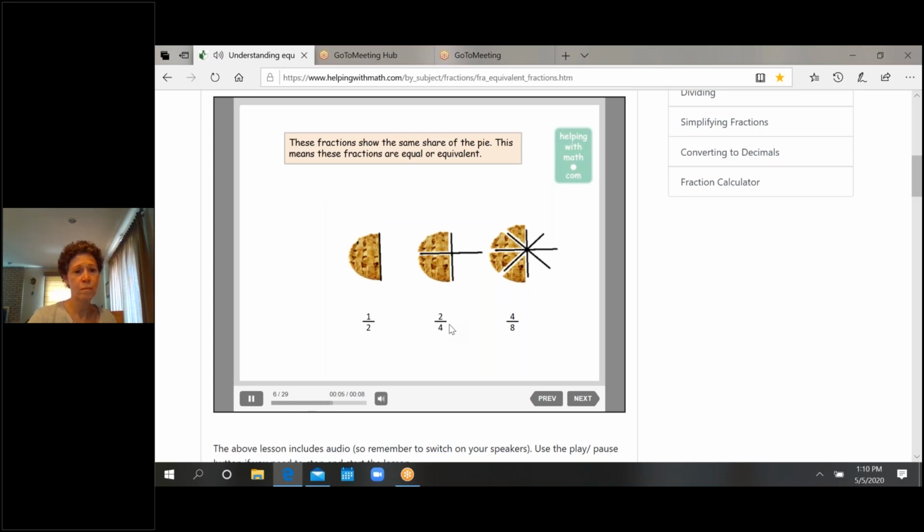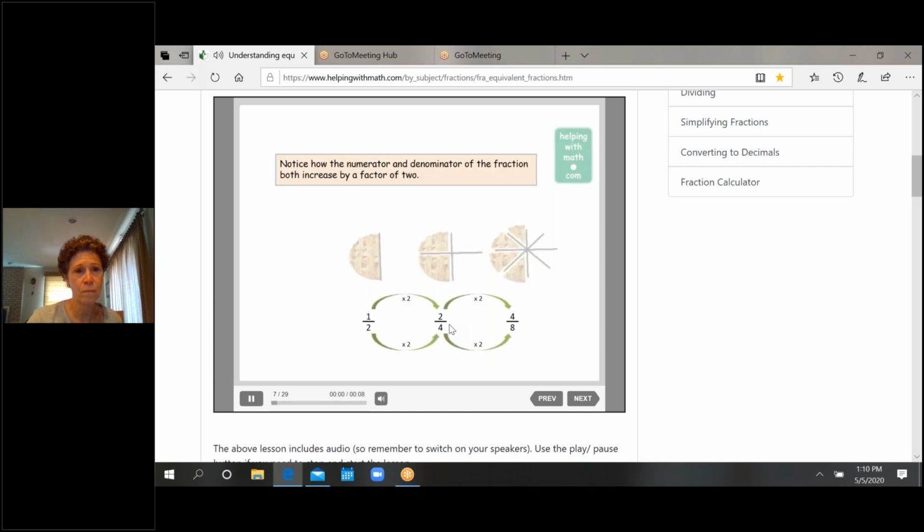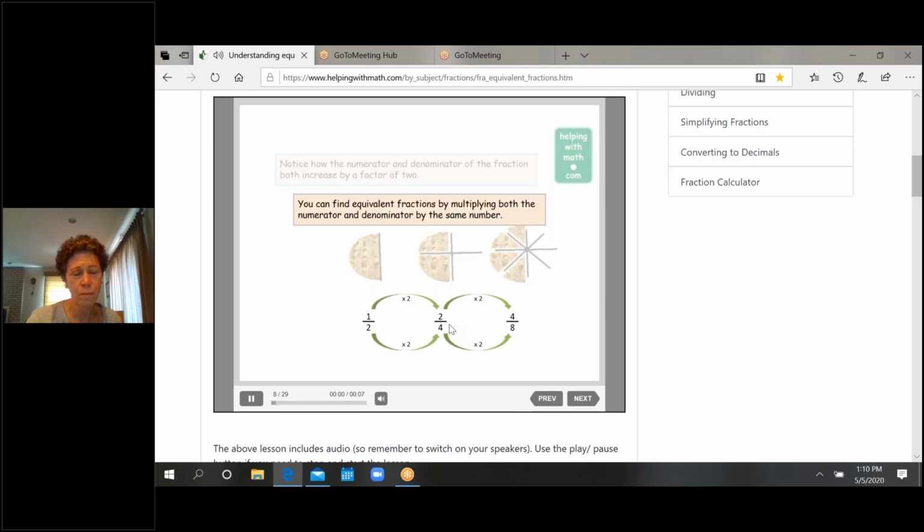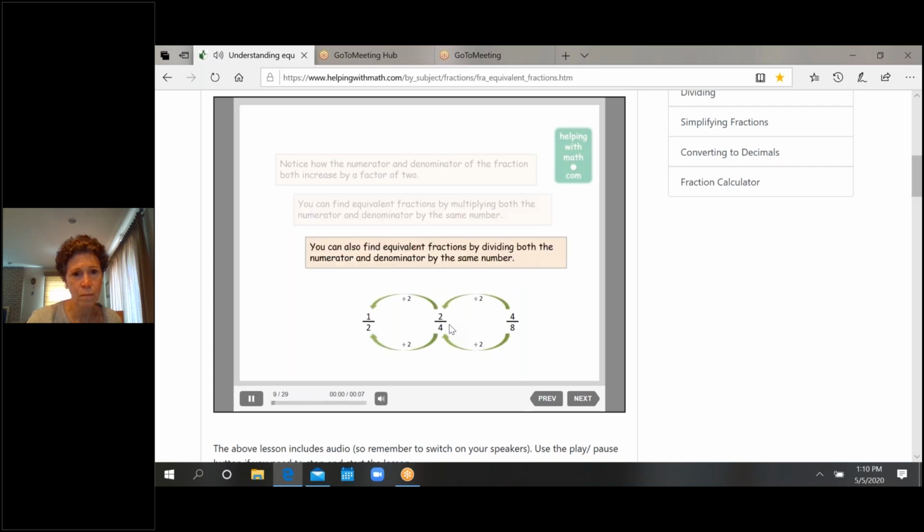This means these fractions are equal or equivalent. Notice how the numerator and the denominator of the fraction both increase by a factor of 2. You can find equivalent fractions by multiplying both the numerator and the denominator by the same number. You can also find equivalent fractions by dividing both the numerator and the denominator by the same number.